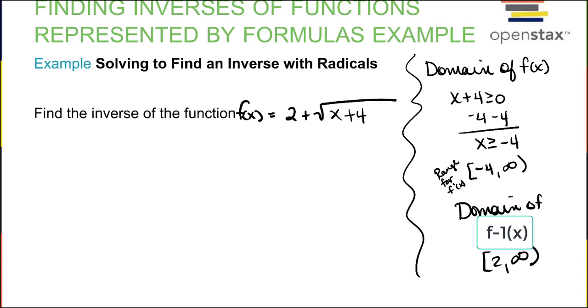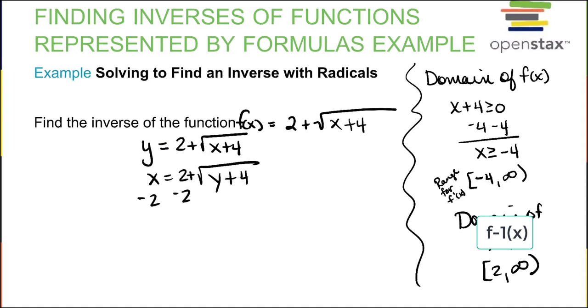Okay, so now we're going to find the inverse function. So I'm going to replace f of x with y, and then I'm going to switch the y and the x. So I'm going to subtract 2 on both sides. I get x minus 2 equals square root of y plus 4. And then to undo the square root, I square it. What I do to one side, I do the other.